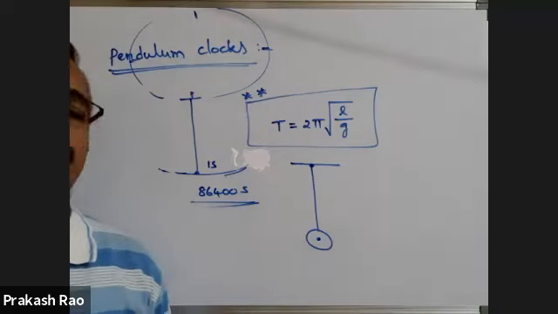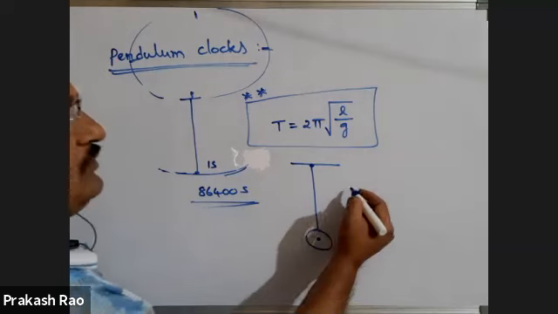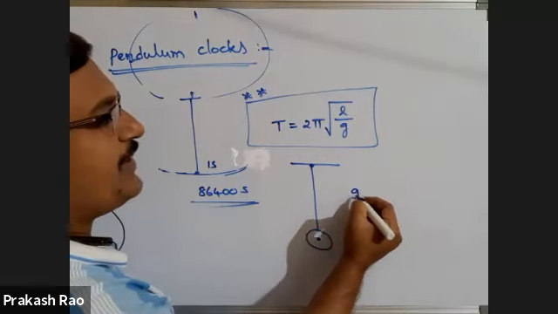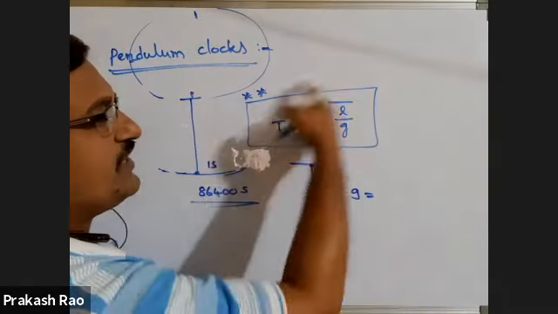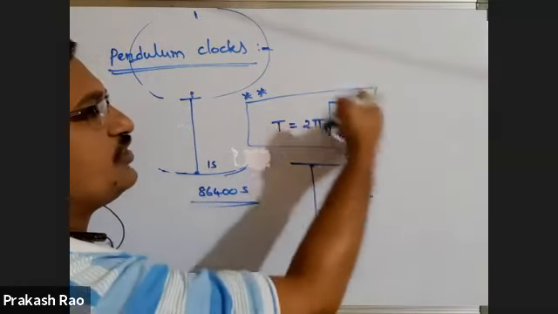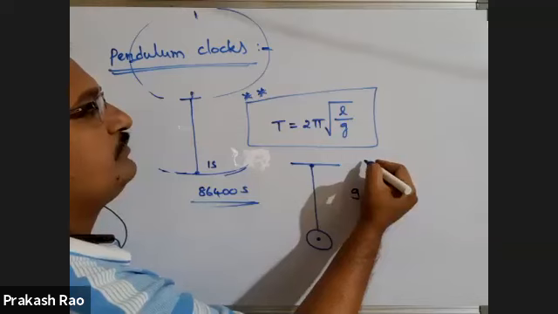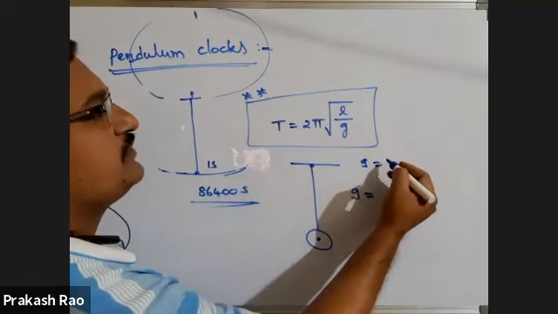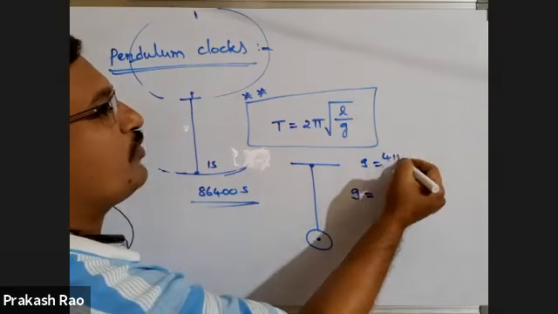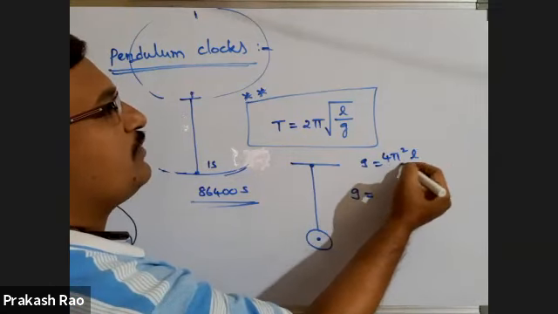In 11th class, you might have conducted an experiment to determine the acceleration due to gravity at your place. By this expression only you calculated acceleration due to gravity. So squaring both sides, g is equal to 4 pi square L by T square.